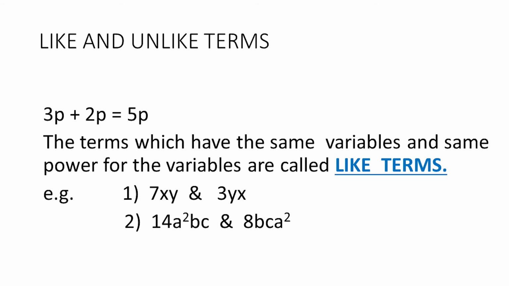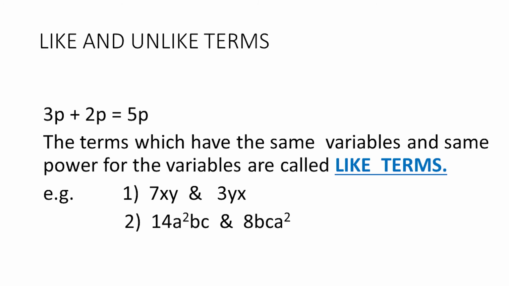Examples: 7xy and 3yx. In this case, if you see, the order of the variable is different. But according to the definition, if the terms have the same variables, you have to check whether the variables are same or not. So we have 7xy and 3yx.